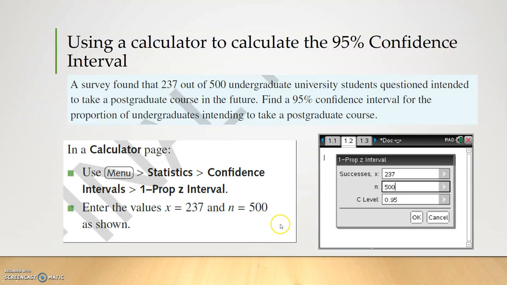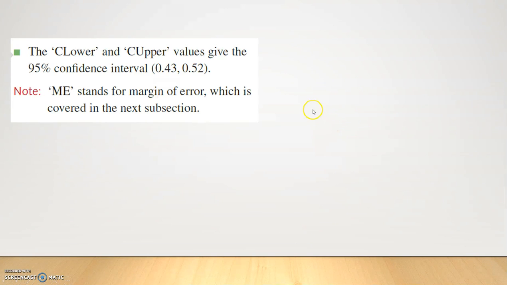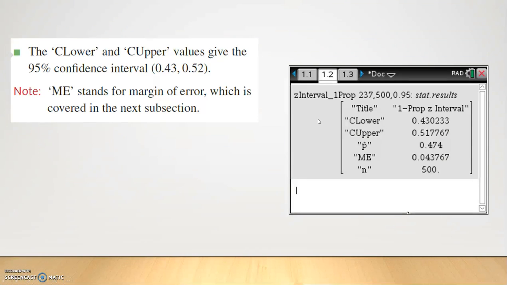This is what it would look like. X is 237, N is 500, and the confidence level I want is 95%. The screen I would get would look like this.